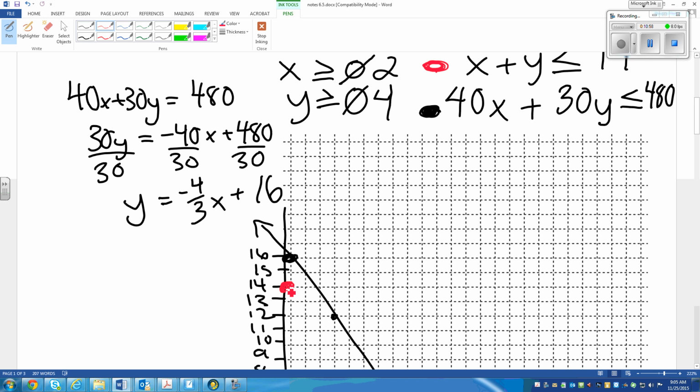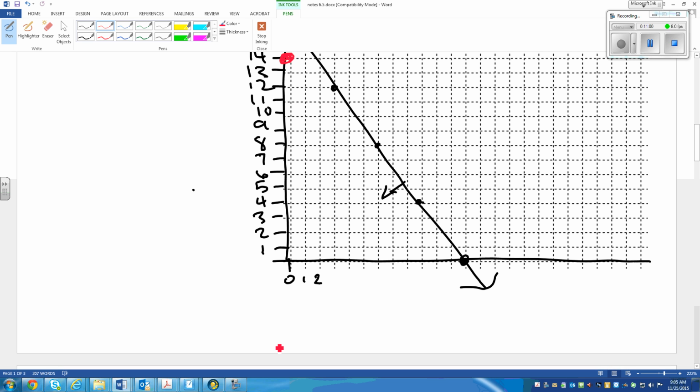0, comma 14. And I'm also going to have, and now I'm going to have to count this, 1, 2, 3, 4, 5, 6, 7, 8, 9, 10, 11, 12, 13, 14, a 14 at this point down here, right? And so if I connect the dots and do that line, let's try that one again.